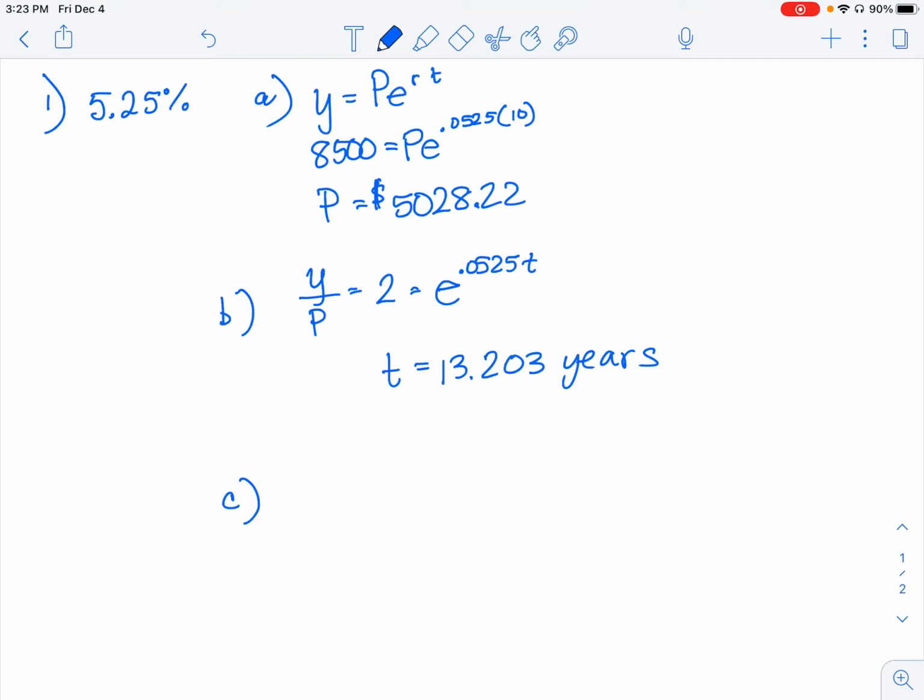Okay, this is where you have to know that when we have this situation, we're talking about rate of change here. So dy/dt is equal to, well, right now our initial investment is 5,028.22, and then it's e to the 0.0525t.